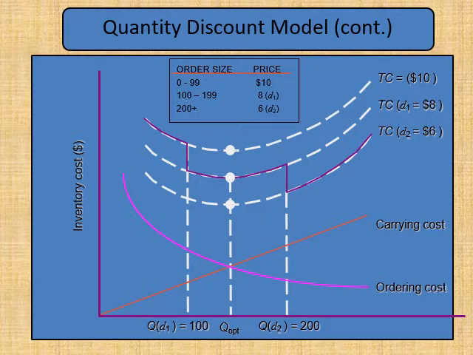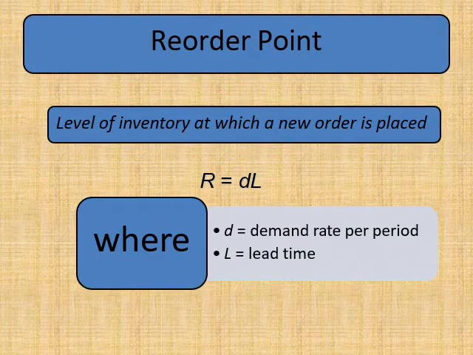Here the average cost, or total cost, at this point will be equal. So we can calculate the different levels at different demand rates.